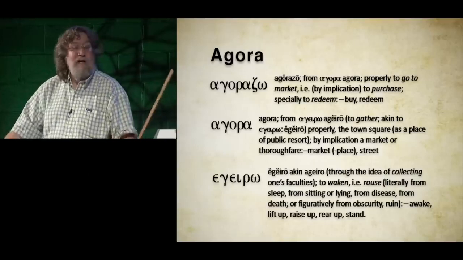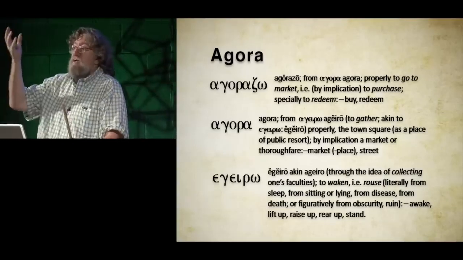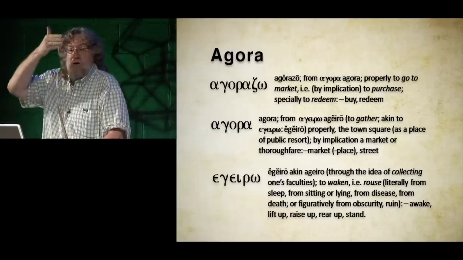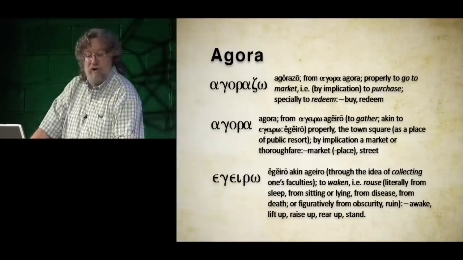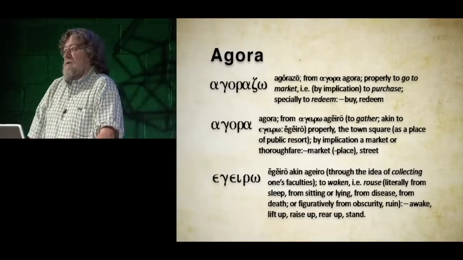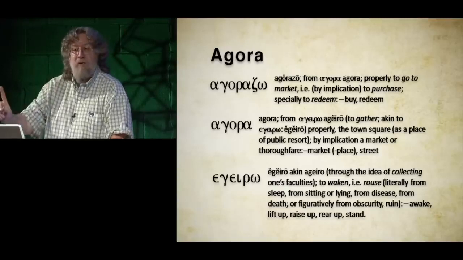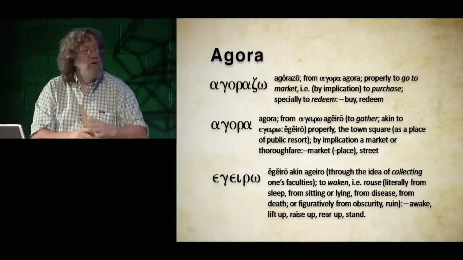It means to awake, to lift up, to raise up, to rear up. So all of these ideas are what you're led to once you start going into the original Kabbalistic meanings of the language. So what starts out like go shopping, go to the market, means going to the town square. It means the gathering within this square. So here's the link with your geometry.